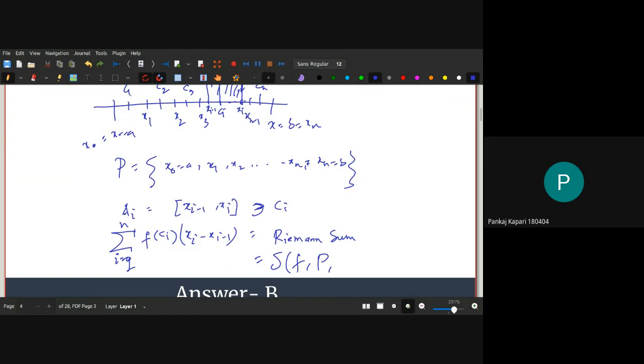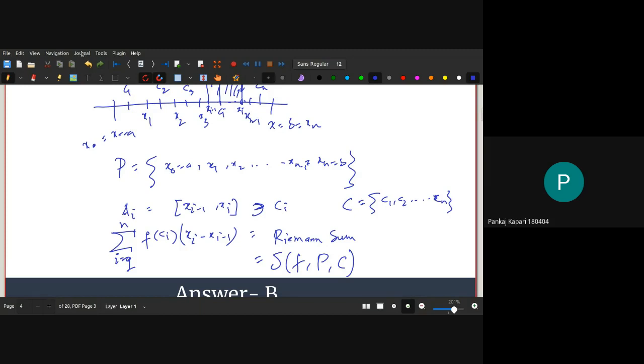We are making some choices of ci in these pieces of the intervals. Let's call the set C. So what is C? C is these choices of points inside the subintervals, c1 to cn, and this Riemann sum corresponding to this partition and the choice set is denoted like this.